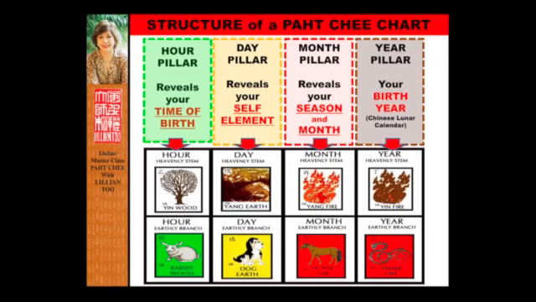Now, if you look at the chart, this is a typical Paht chart. Okay? It can be any elements, and each of these elements has either a yin or a yang phase. So just start by looking at the element, 5 elements. One of 5 elements: fire, wood, water, metal, earth. These are 5 elements with a yin or a yang phase, with a yin or a yang perspective.